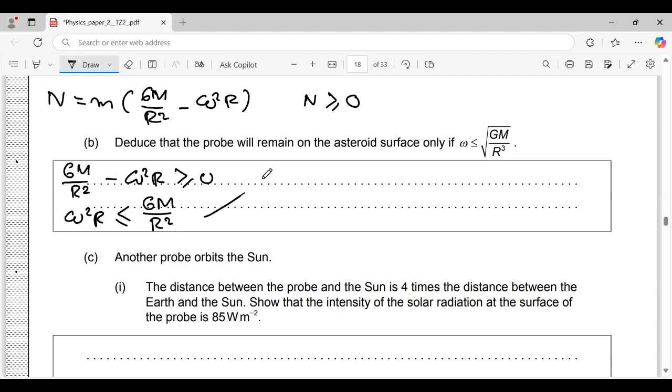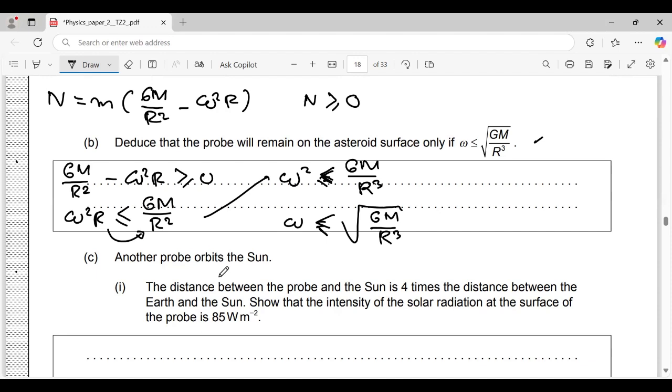And multiplying by R over R, it becomes omega squared less than or equal to GM over R cubed, or omega less than or equal to the square root of GM over R cubed. Okay.